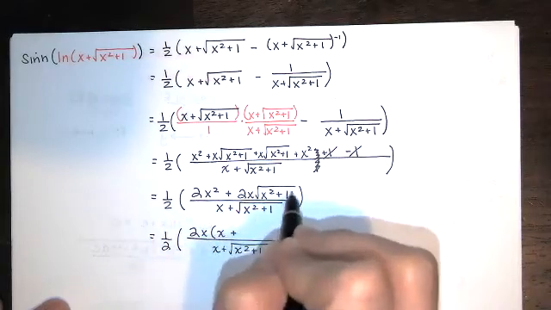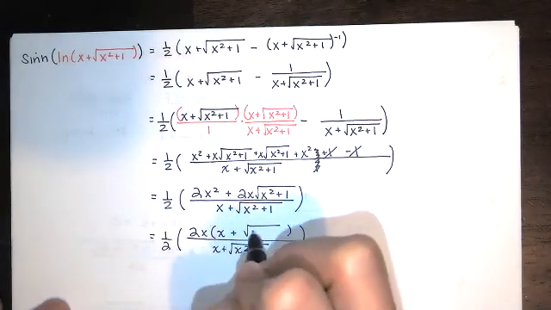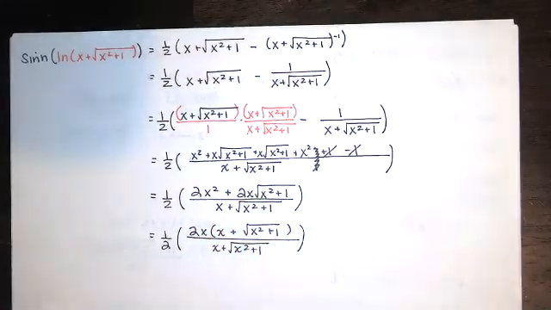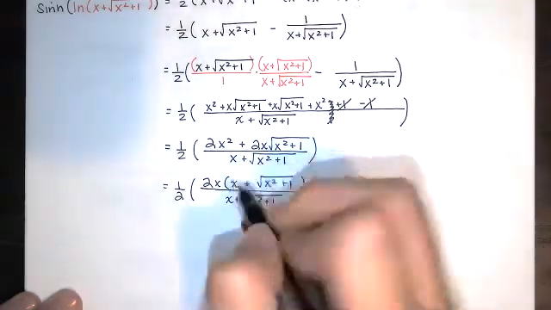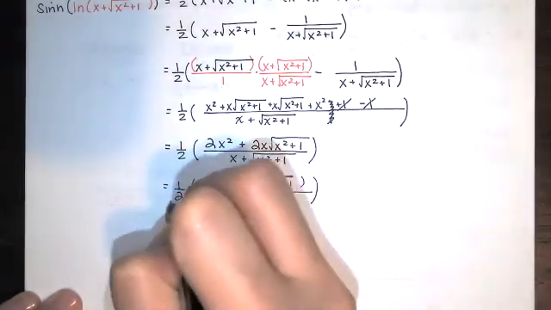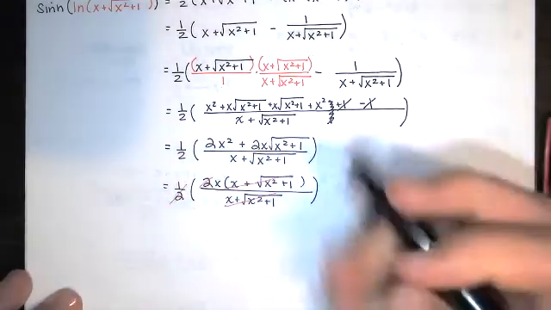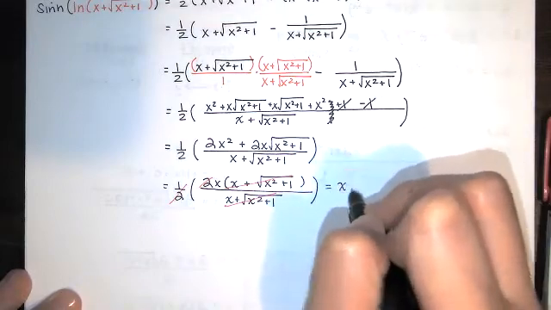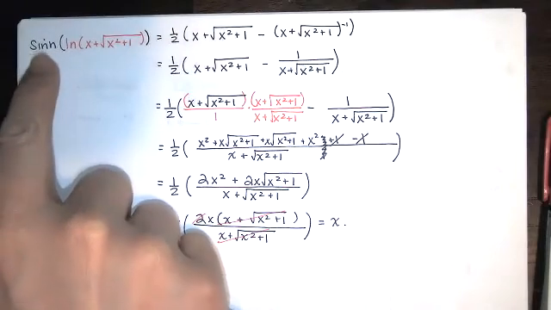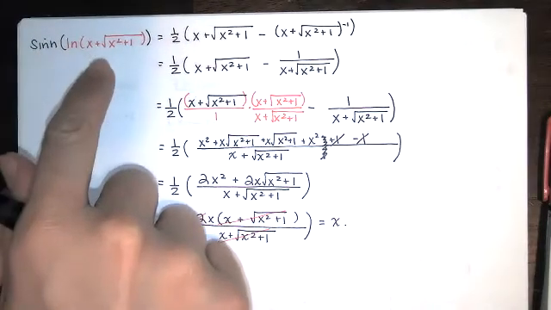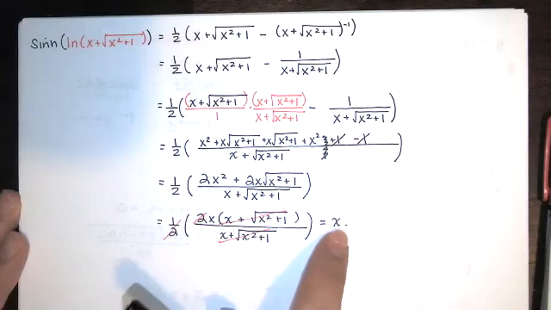And then 2x times what gives us that? That's square root of x squared plus 1. And what do you know? Check it out. Those reduce, the 2's reduce, and we get x. So the hyperbolic sine of this is equal to x.